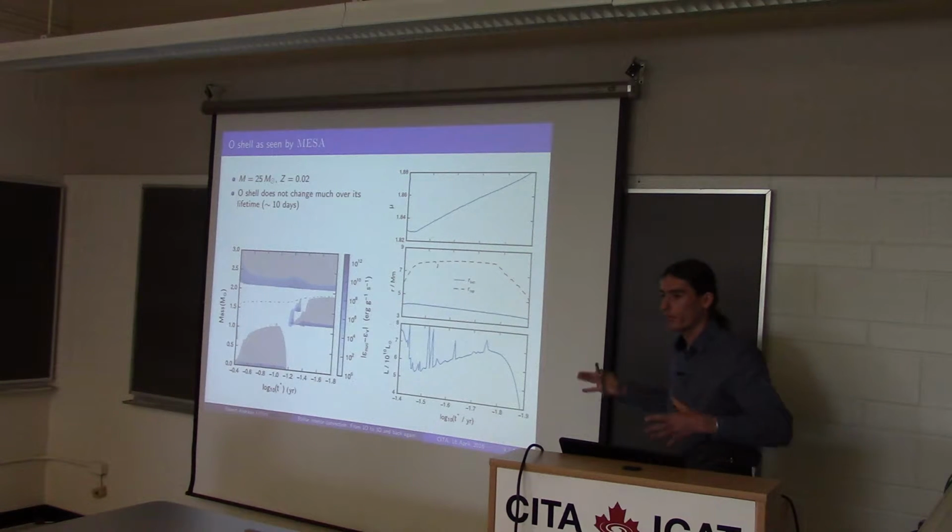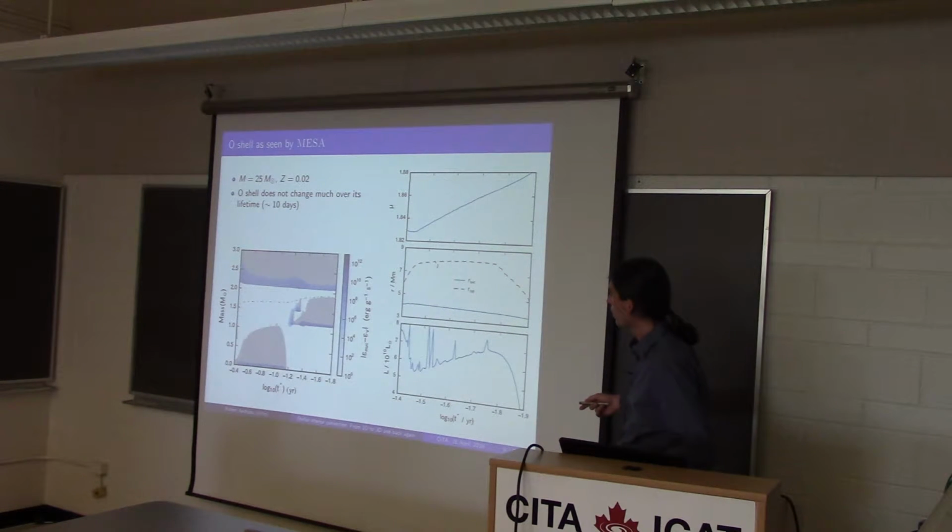If you take a Mesa model, then the O shell in a 25 solar mass, solar metallicity star will look like this. So there's some time left to explosion. And here you have the oxygen shell, this core oxygen burning.